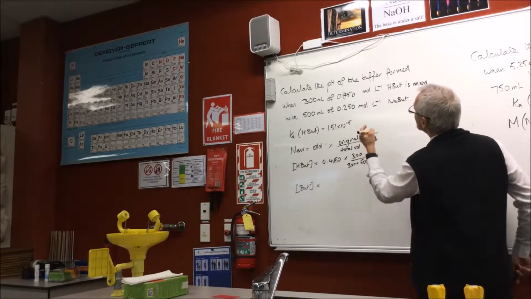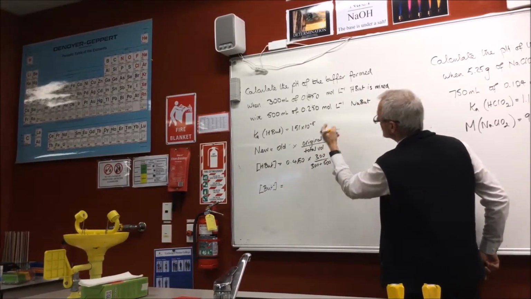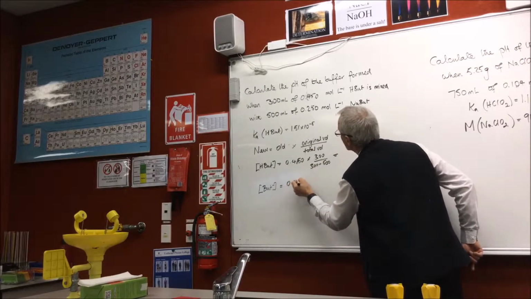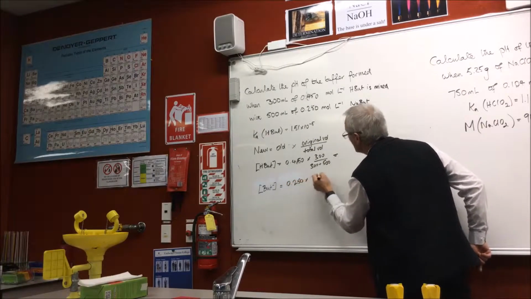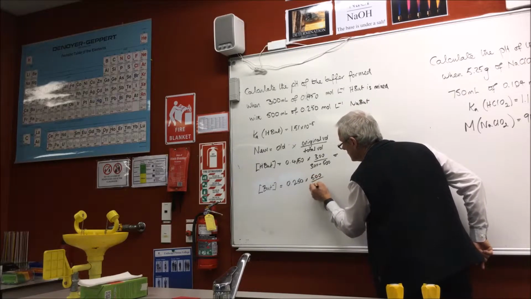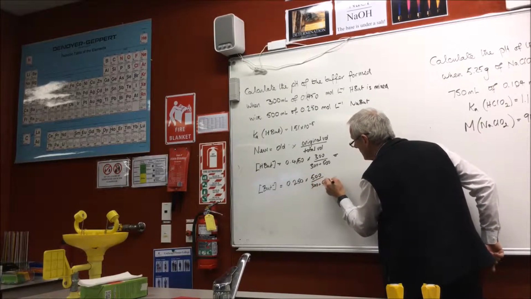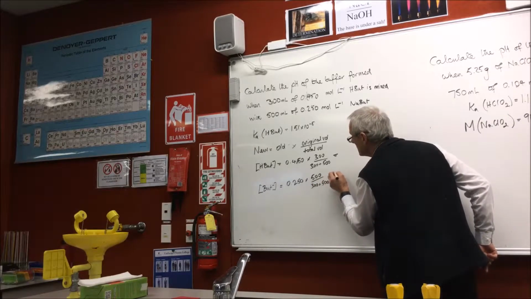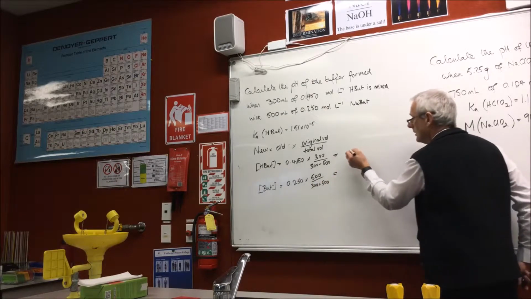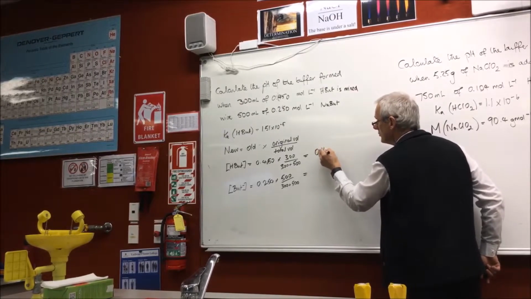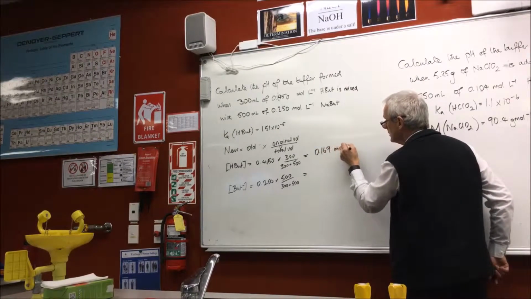That's equal to the original concentration, 0.25, times 500 over 300 plus 500. If somebody else can calculate that. The first one is 0.169. The second one is 0.156.